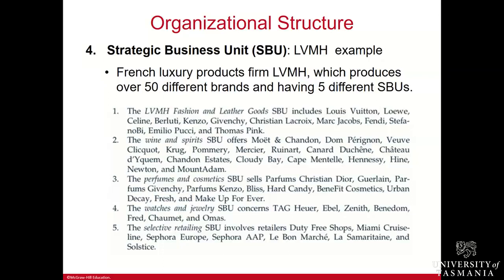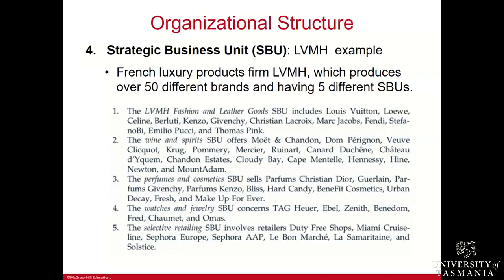The third is perfumes and cosmetics. The fourth is watches and jewelry. And the fifth is selective retailing, like duty-free shops and Sephora and other brands. They have 5 distinctive units, all different from each other.